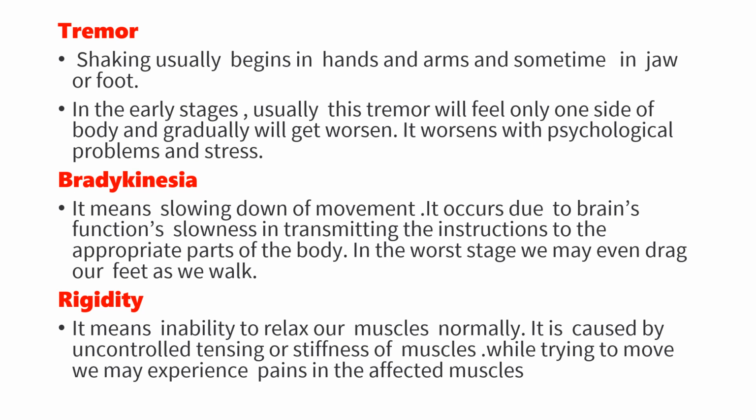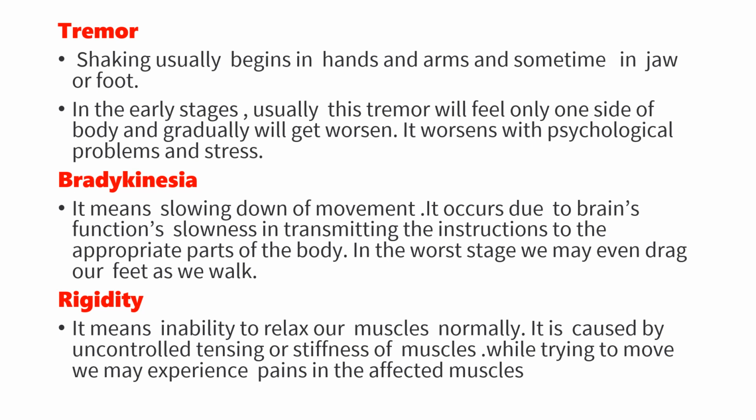The next thing is rigidity. Rigidity means inability to relax our muscles normally. With or without our knowledge, we can normally relax our muscles, but if you have rigidity, you cannot relax your muscles normally. We can feel and see this in Parkinson's patients.